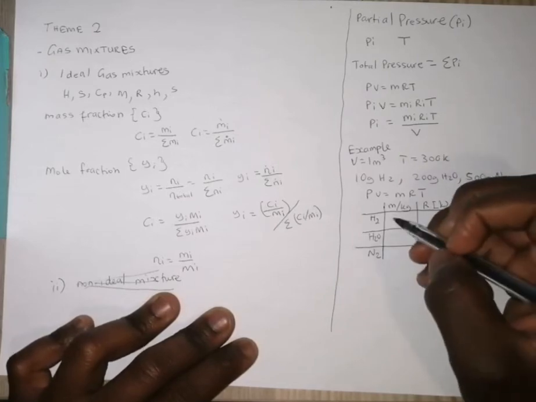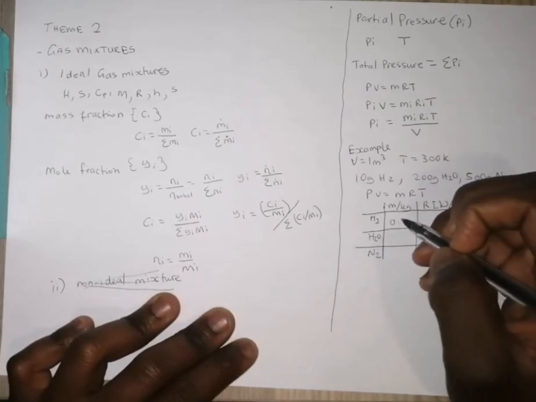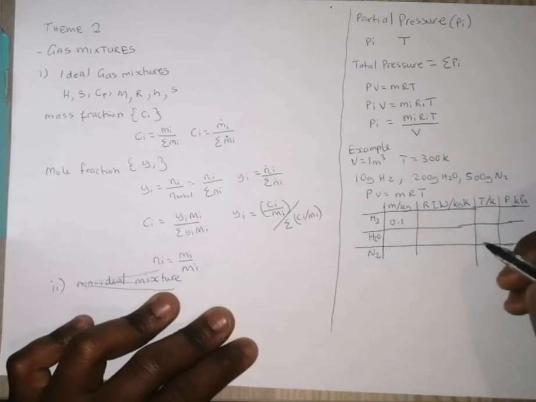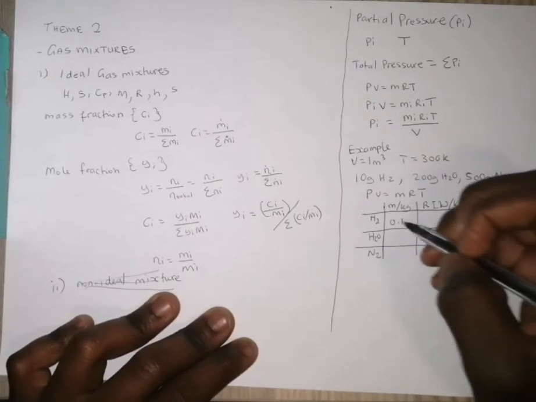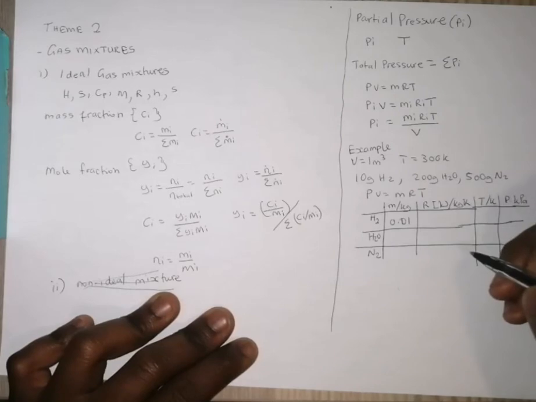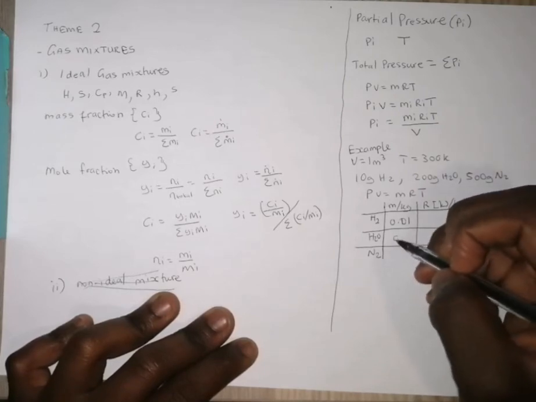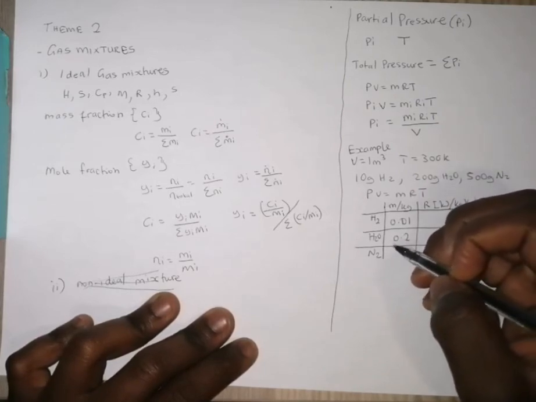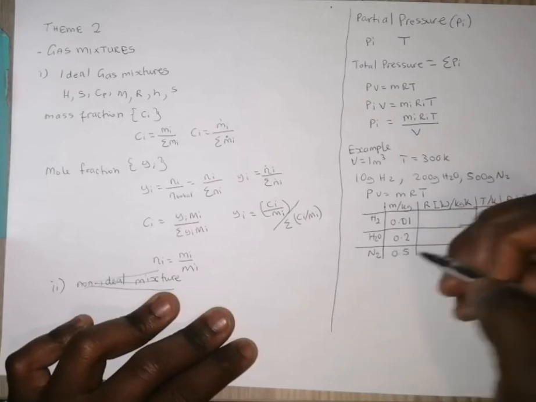So the mass here is 0.01 kg. Then we have another mass of 0.2. Then we have N2, which has a mass of 0.5.